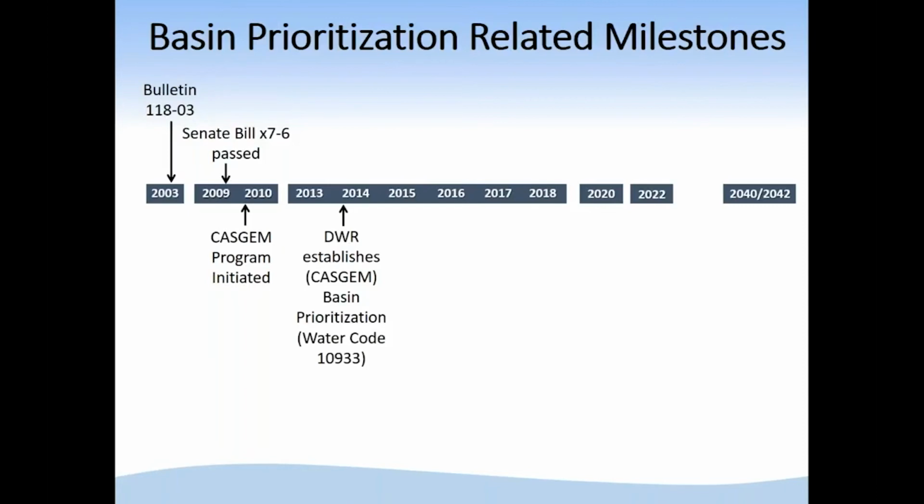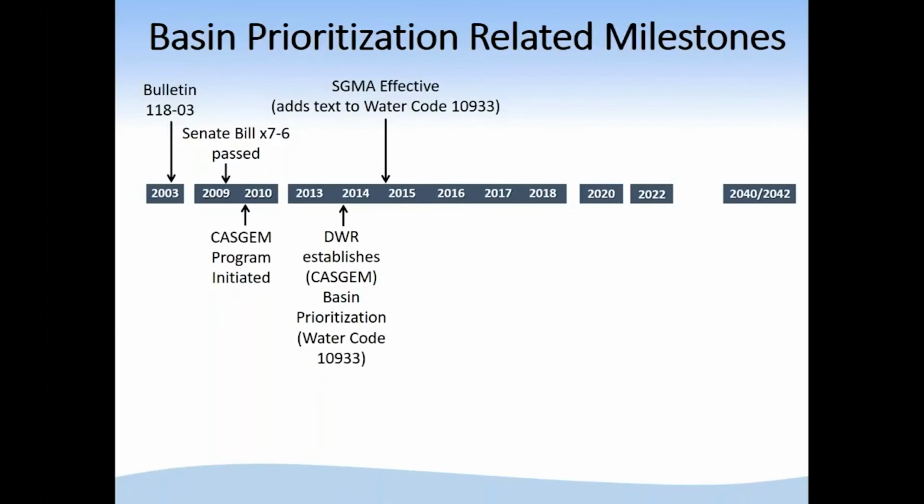Fast forward a little bit, the last basin prioritization related to the SGMP program was what we call the 2014 basin prioritization, which was done in accordance with the requirements of Water Code 10933.